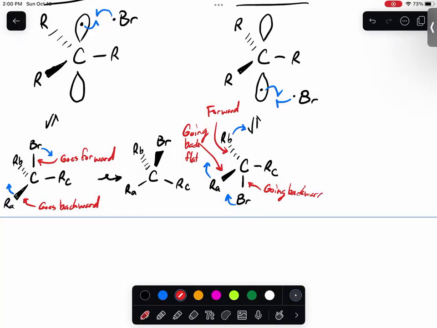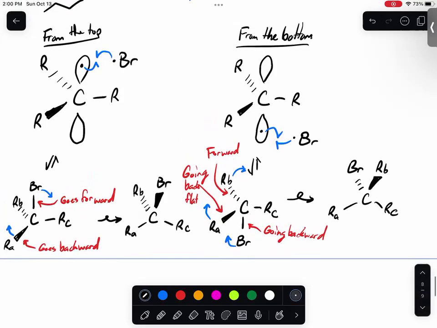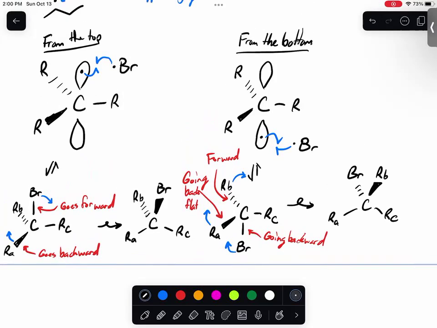And essentially what this is doing is it is pushing it to where now, once again, we have RC and RA in plane, but the bromine got pushed onto the dash, and RB got pushed forward onto a wedge. So notice that, and this is just to show exactly how it works, but notice it's very simple. If it is attacking from the top side, it becomes wedged. If it is attacking from the bottom side, it becomes dashed.